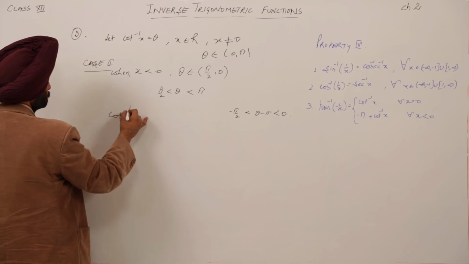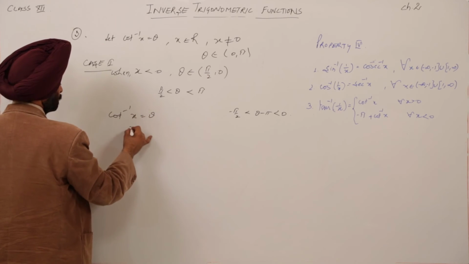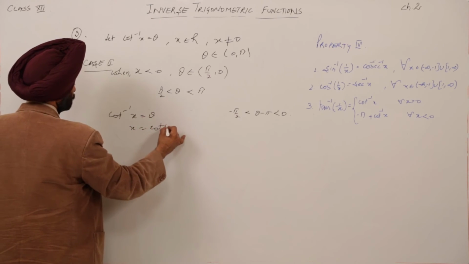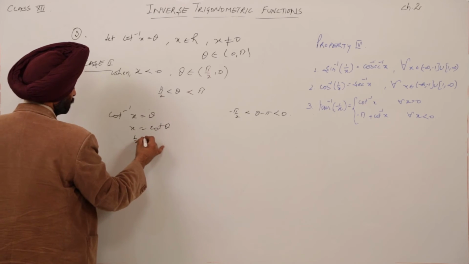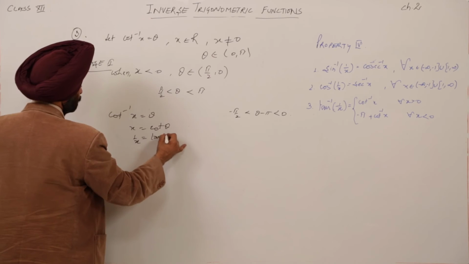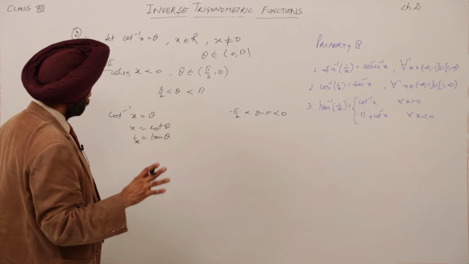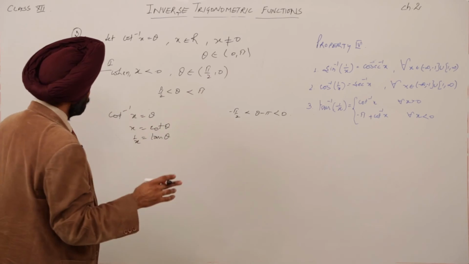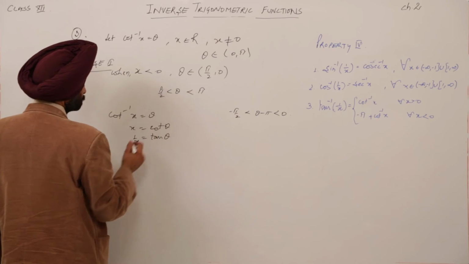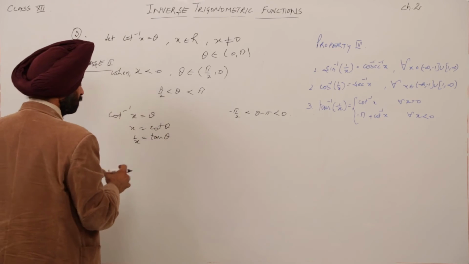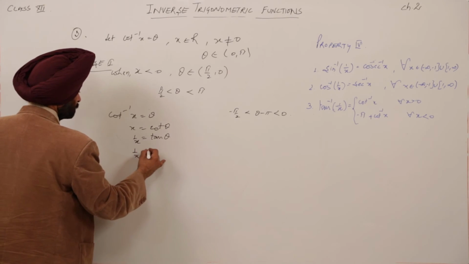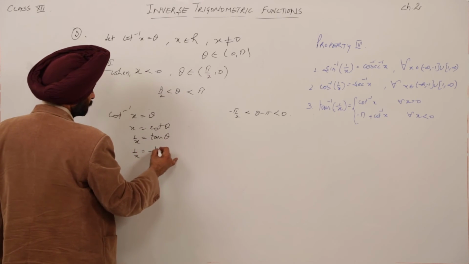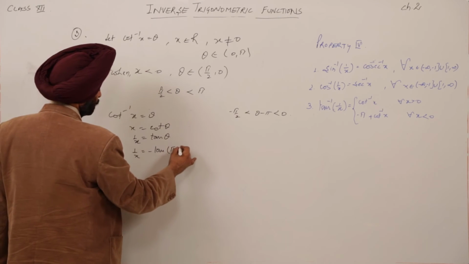Now let's start. Cot inverse x is equal to theta, x is equal to cot theta. Then 1 upon x is equal to tan theta. Up to here we have done in case 1. Now let's think about what we have to do here. Can I write 1 upon x is equal to minus tan of pi minus theta?